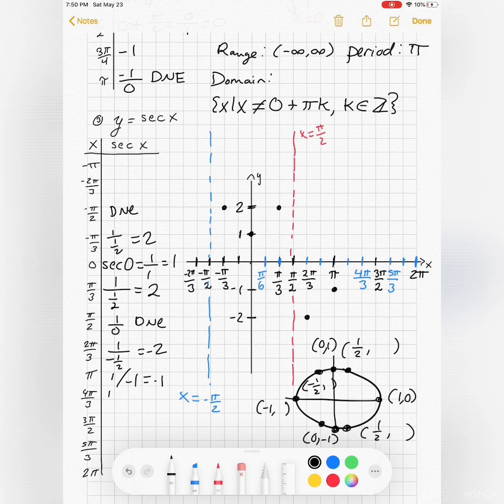Be -1/2, -2. Three pi/2, it's going to be another asymptote.